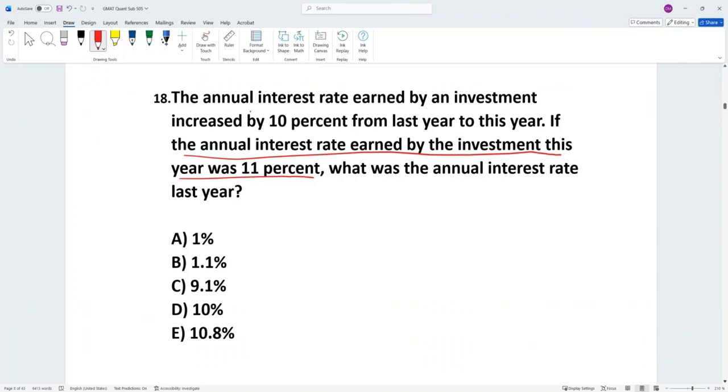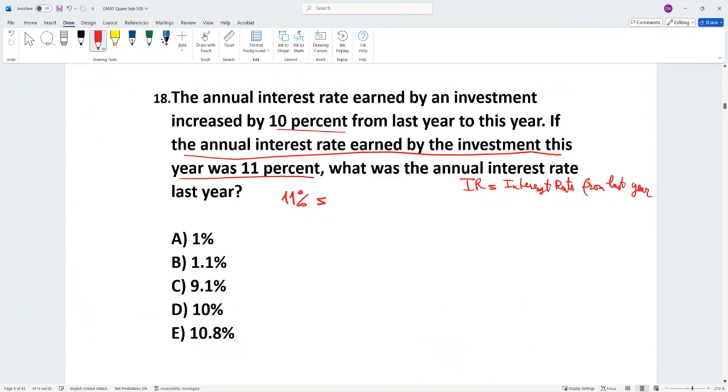Okay, and it says that the annual interest earned by an investment increased. So that means that this 11% is actually an increase of the interest by 10%. So simply 11% is equal to, so let's say IR is equal to the interest rate from last year.